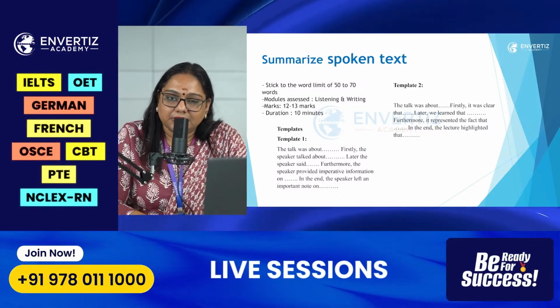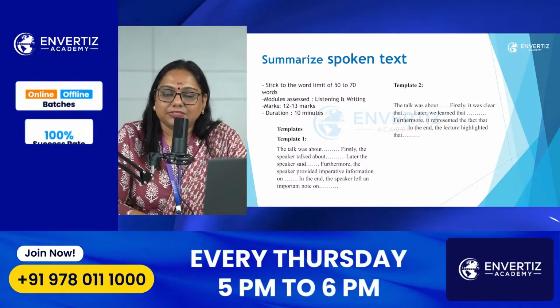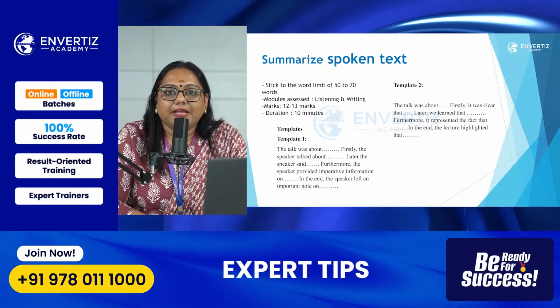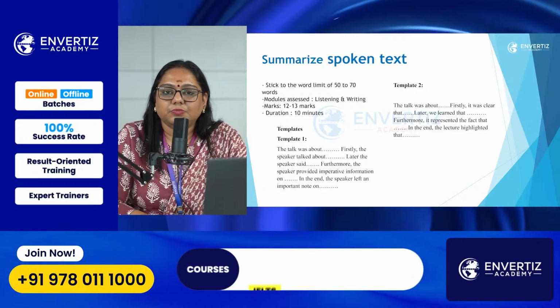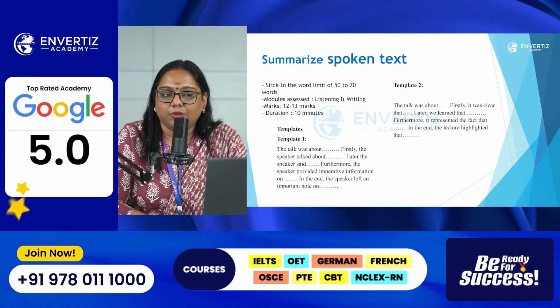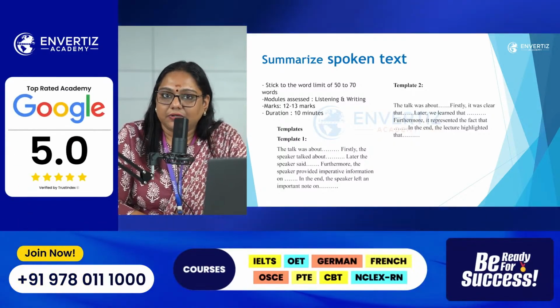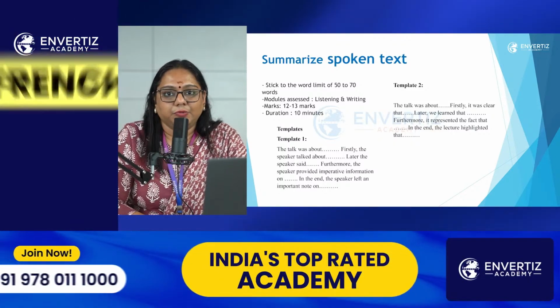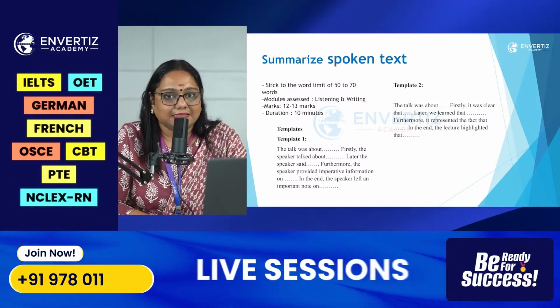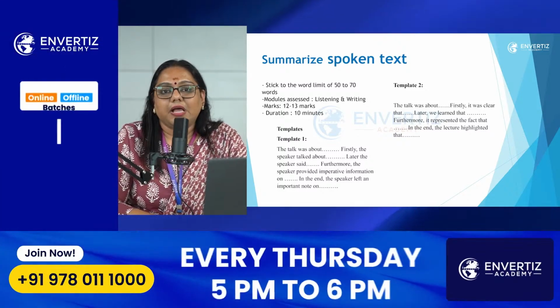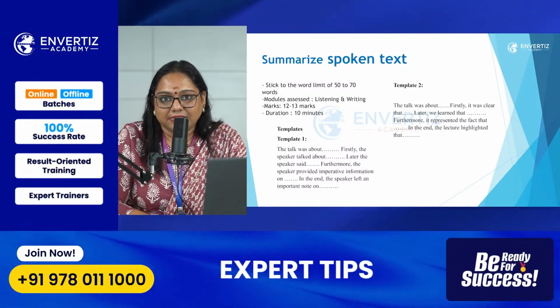Just relate to the gist of the talk, what the speaker is trying to say, and then write it as a summary. Whatever is most relatable or apt to that context, just write down those points. Do not write unnecessary information. So you have to take notes very effectively.